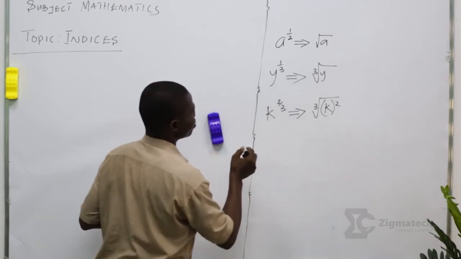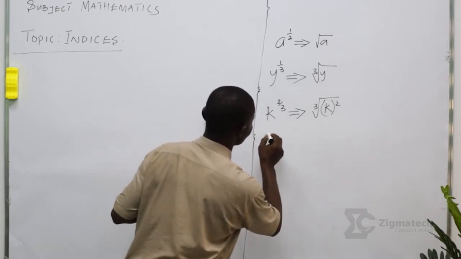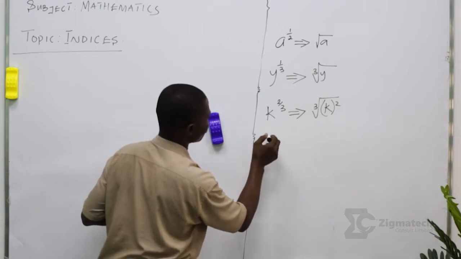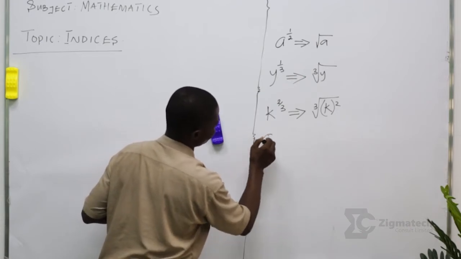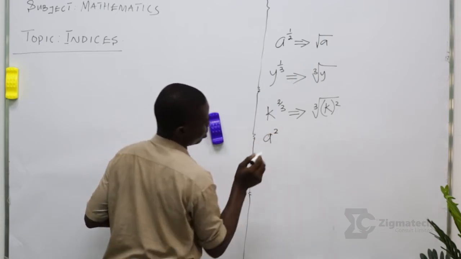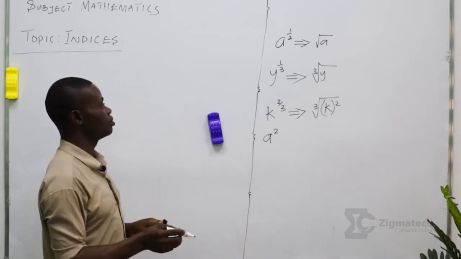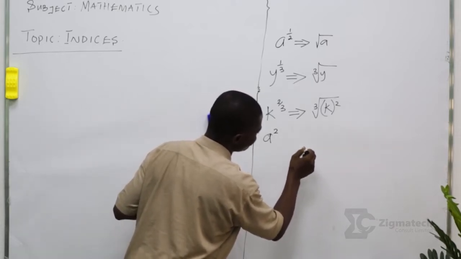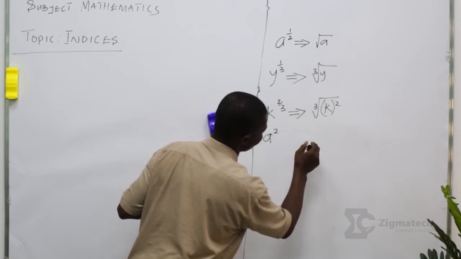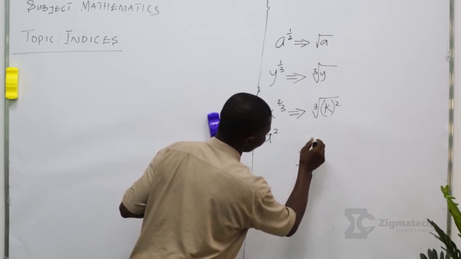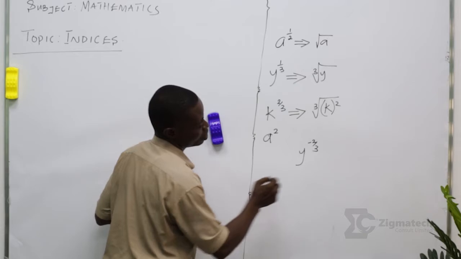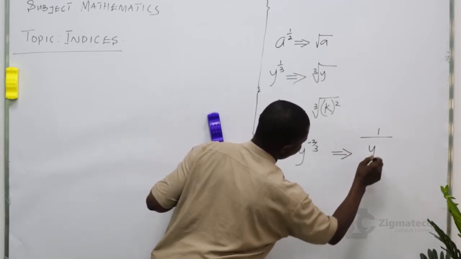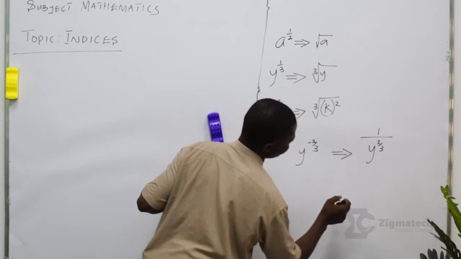The fractional law is almost the same thing as the power law. It's just that in power law, you may have a square as a separate entity given to you. Then the fractional law capitalizes on letting you know when you have something of this nature, maybe minus 2 over 3, it implies 1 all over y raised to the power 2 over 3.